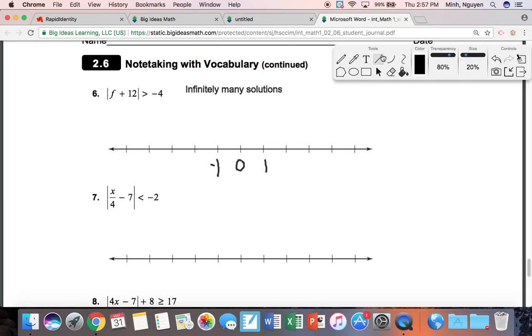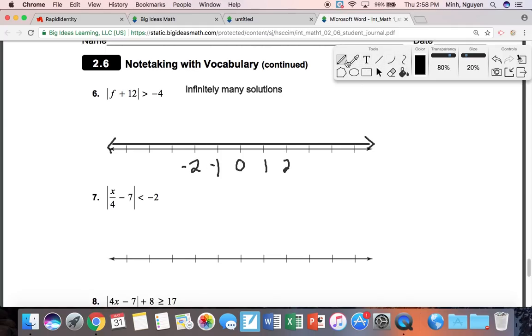All solutions, right? All numbers are solutions. On the actual number line, it goes on forever. 2, 3, 4, 5, 6, 7, all the way to positive infinity. To the left, all the way to negative infinity.